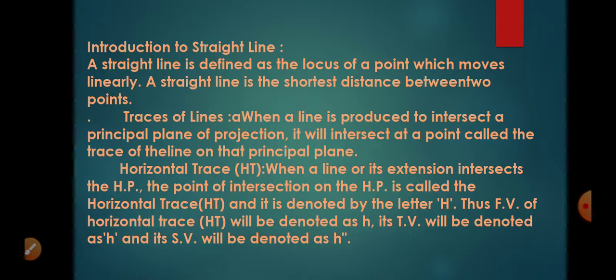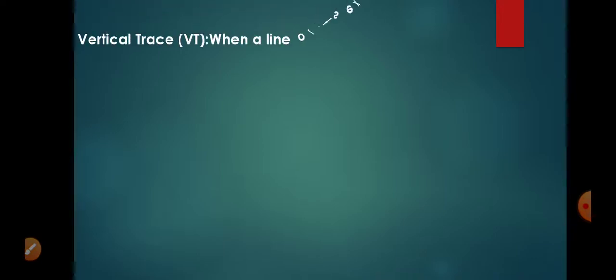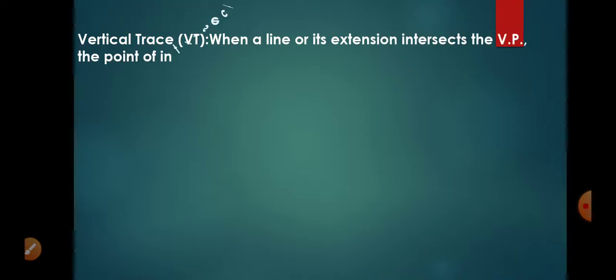The next point is the vertical trace point. If the extension of the line crosses the vertical plane, that is the vertical trace point.